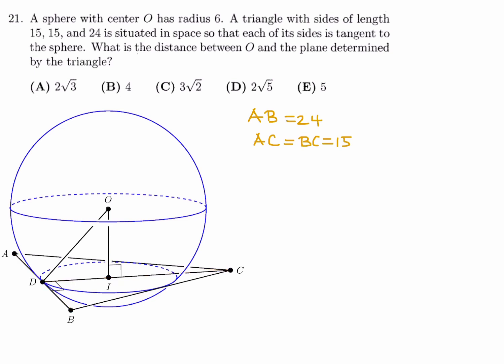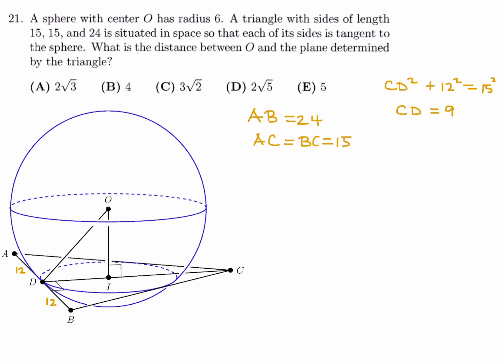So that means AD and DB will now be half of AB, so 12 and 12 like that. Okay, so now at this point we can figure out the value of CD pretty easily using Pythagoras. CD squared plus DB squared, which is 12 squared, is equal to CB squared, which is 15 squared. So that means CD is going to be equal to 9.